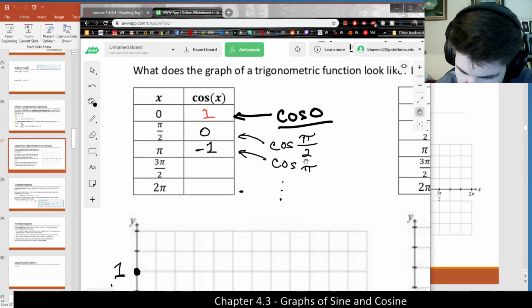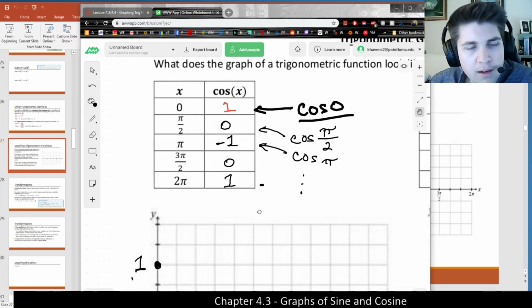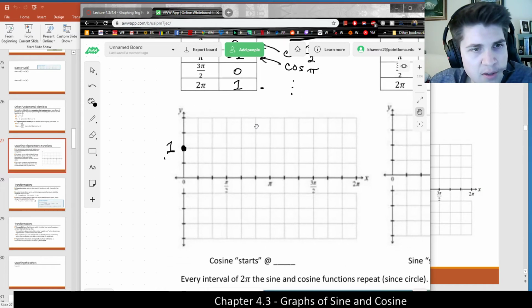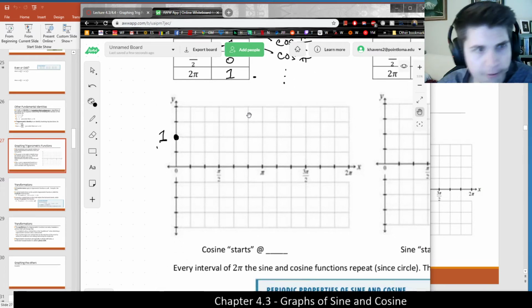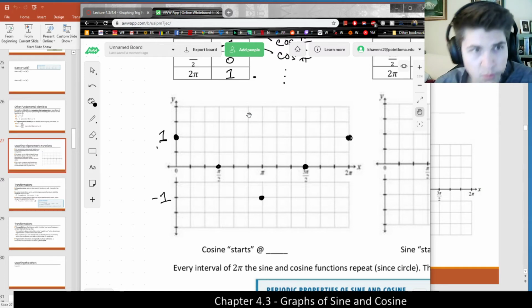Cosine of pi was -1, cosine of 3 pi over 2 was 0, and cosine of 2 pi was back to 1. And those are a lot of our important points. And graphing those on our trigonometric graph, so at pi over 2, cosine makes 0. At pi, and let's go ahead and make that one -1, cosine makes -1. 3 pi over 2 was back to 0, and at 2 pi, we got back to 1.